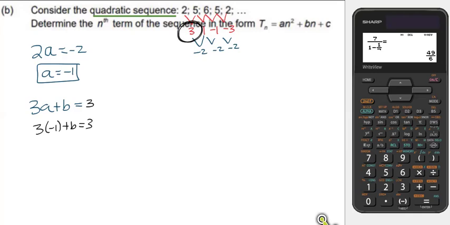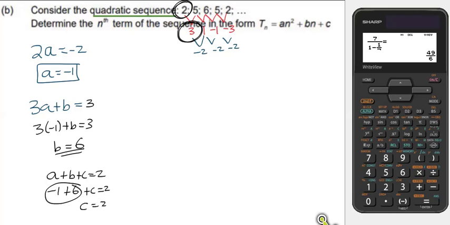Then you have b equals 6. Then you want to remember a plus b plus c equals the first term of the first row, which equals 2. Then a is minus 1, b is 6, plus c equals 2. This gives me a 5. Then c equals 2 minus 5, which is minus 3.